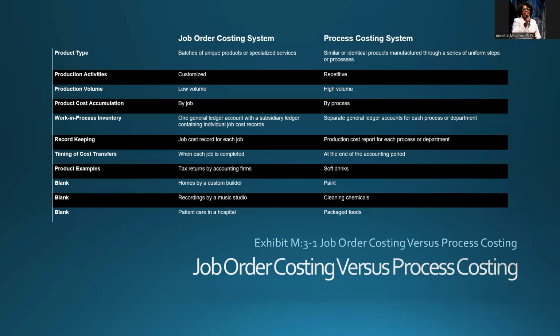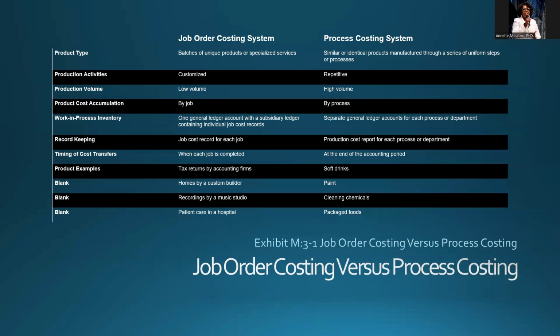In contrast, process costing uses multiple work in process inventory accounts, with a separate account for each stage of the production process or each department. Costs are recorded in the appropriate work in process inventory account as the product moves through each production phase, and they are transferred to finished goods inventory when all processes are complete.